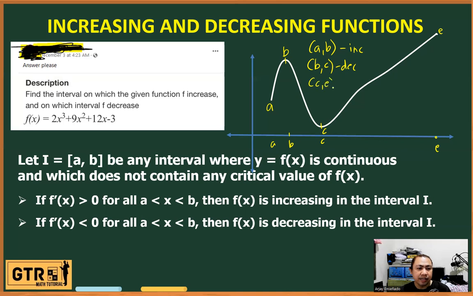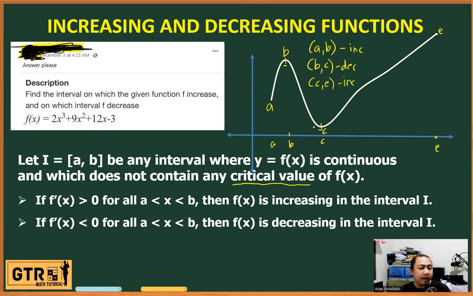So C to E is increasing. We call B and C the critical values or critical numbers. It can be the maximum point or the minimum point. So this point B is the relative maximum and this C is the relative minimum.